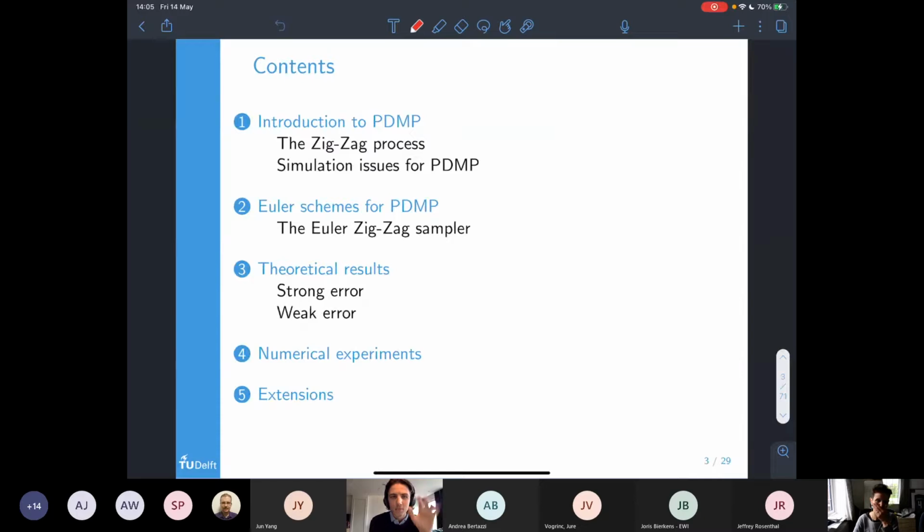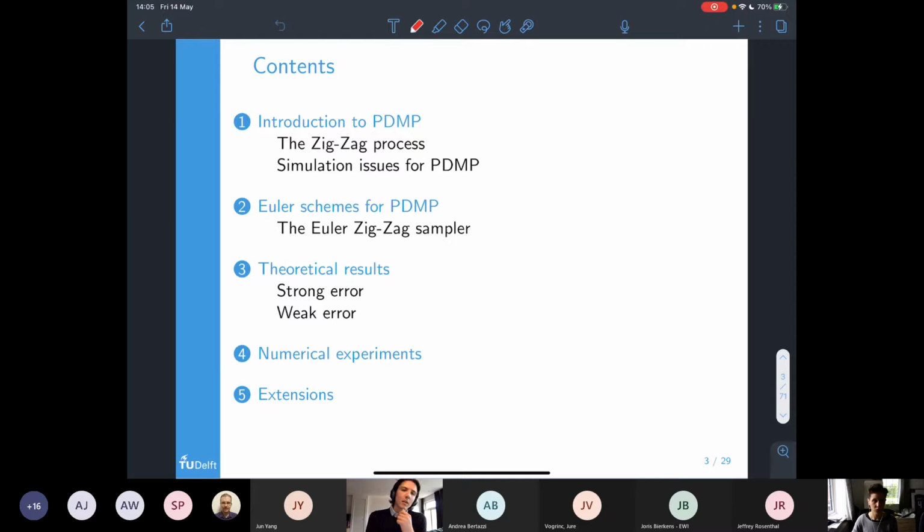So the outline will be as shown here. I will start with an introduction to PDMPs, so that people who are not familiar with them can start from zero. We will see the Zig Zag process as a running example throughout the talk. Then I will quickly mention other samplers.